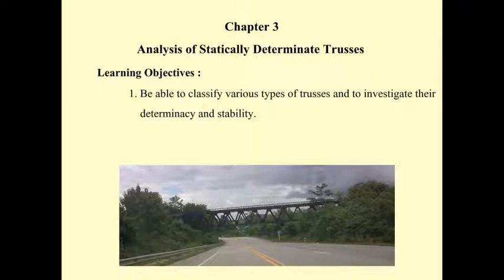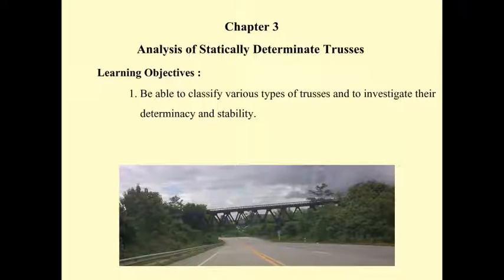As you may recall from chapter 2, when we check stability and determinacy, we compare the unknown reactions and internal forces and moments with the number of equations of equilibrium.